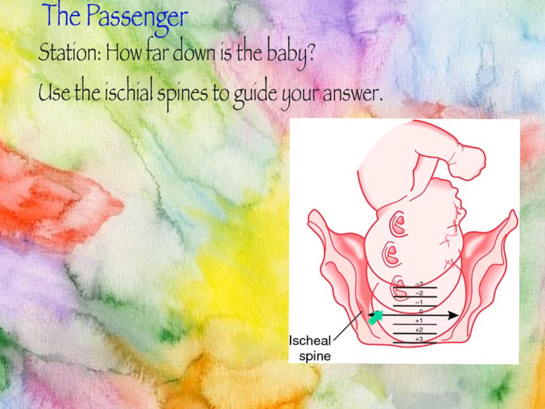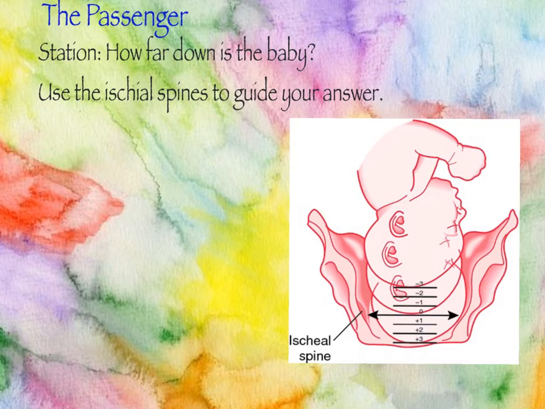If you have a baby that's floating above that, 1 centimeter above the ischial spines, your baby is -1. 2 centimeters above the ischial spines, your baby is -2. 3 centimeters above, your baby is station -3. Above that, a lot of times we call it floating, and then usually the practitioner will describe the baby as ballotable, which means you can push on their head and they bounce a little bit.